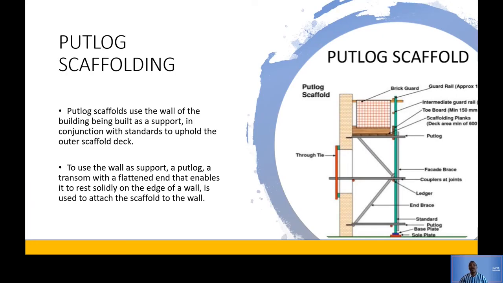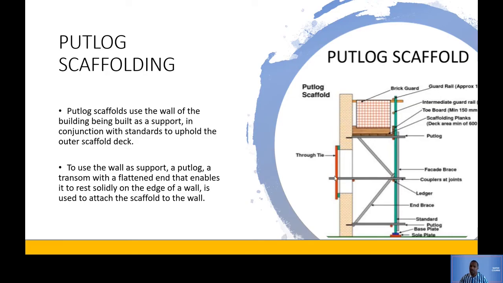Now when we look at the types of scaffolding, the first one that we're going to look at is called the putlog scaffolding. Putlog scaffolds use the wall of the building being built as a support. If you look at this picture on this side, you can see that we have a building wall on our left.